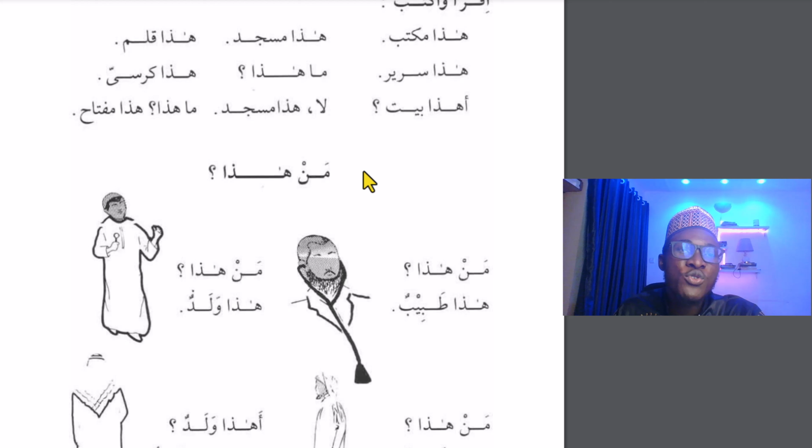If you knocked on the door and they said man bilbab, who is at the door, they are talking to someone that has sense. But out of frustration, if they say ma bilbab, the word can mean what is at the door, like what being without sense is at the door. You can see, Arabic is very, very deep.